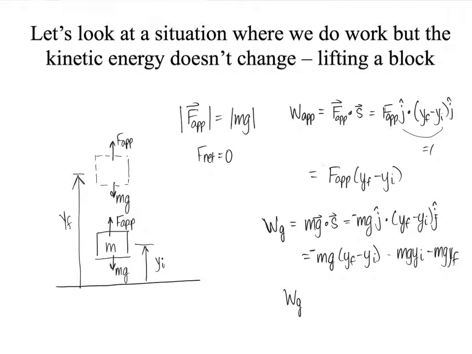So the amount of work done by gravity is actually equal and opposite to the work done by the applied force because those two forces are equal in magnitude. And that's why the change in the kinetic energy in this system would be equal to 0.